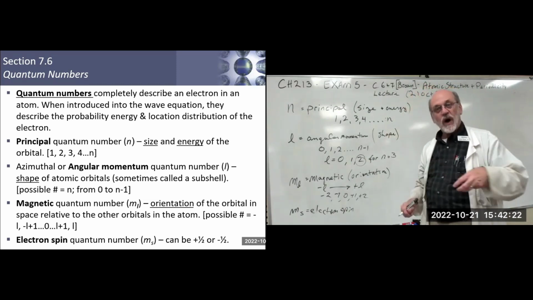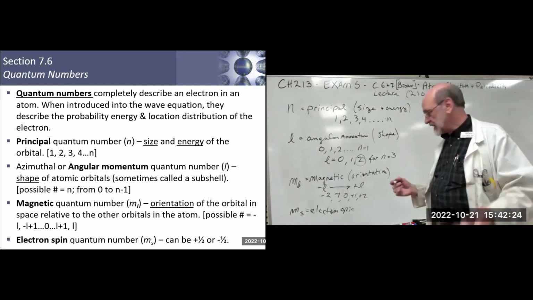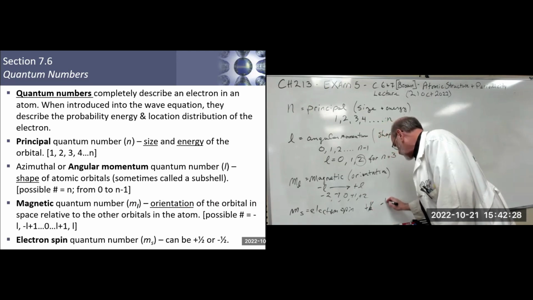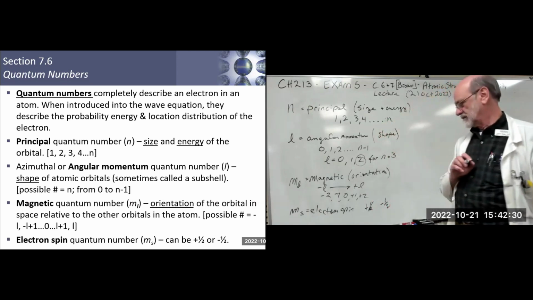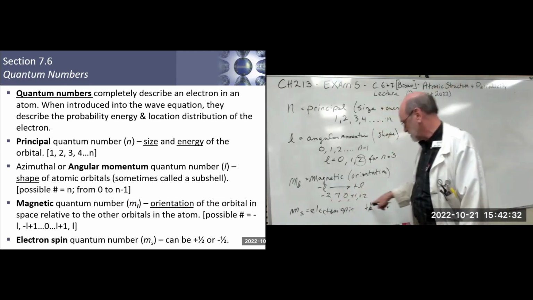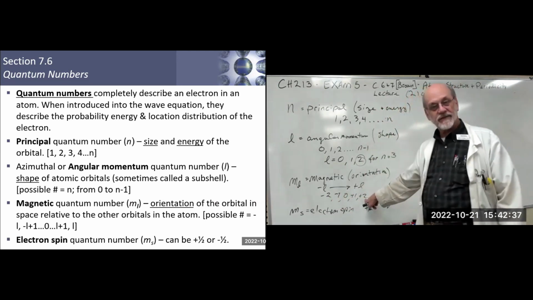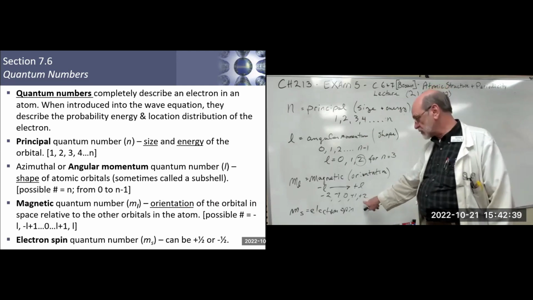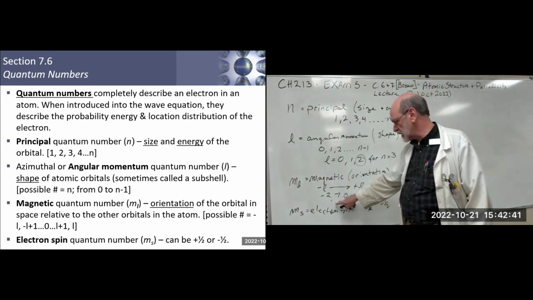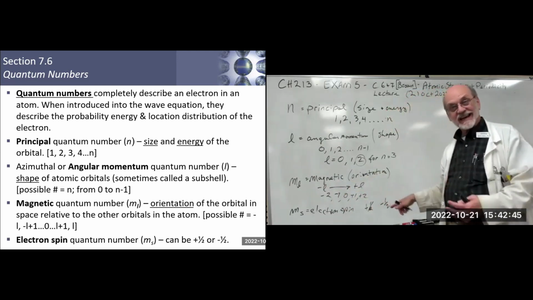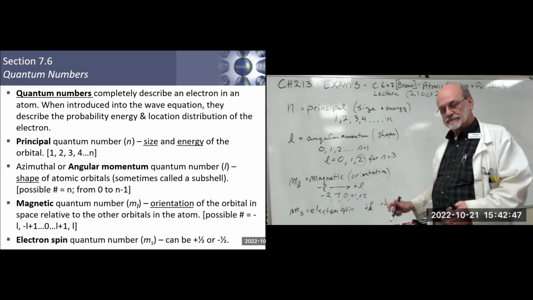And the number that's required by the equations is that it's either plus 1/2 or minus 1/2. So any one of these, whichever the case may be, can have a plus 1/2 and a minus 1/2. So that means you can have 2 electrons here, 2 there, 2 there, 2 there, 2 there. That means at this level, you can have 10 electrons possible.